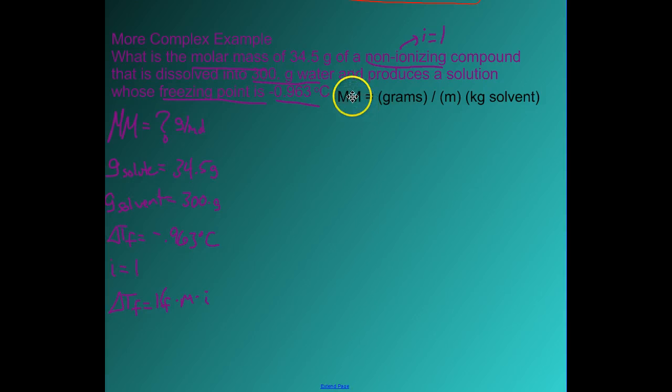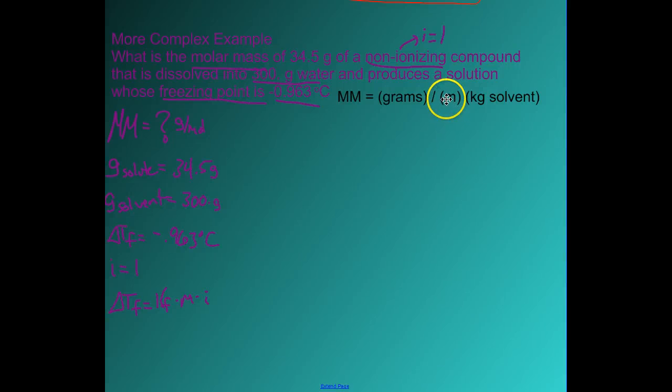The molar mass equals the grams of the compound divided by the molality times the kilograms of the solvent. So in this equation, I actually have grams, I have kilograms of solvent. I do not have the molality, however.